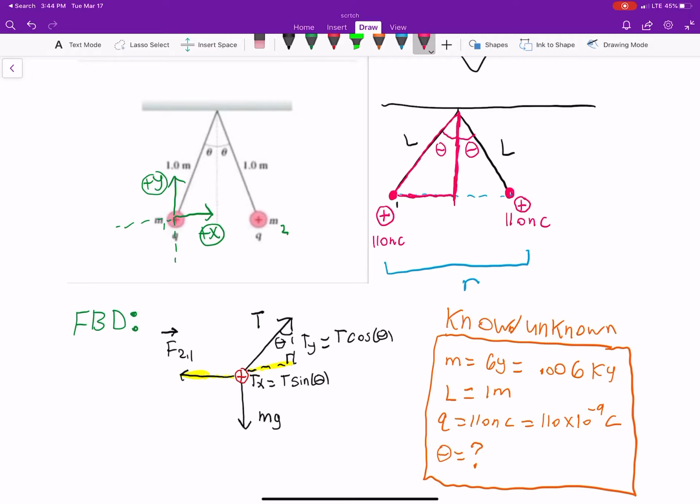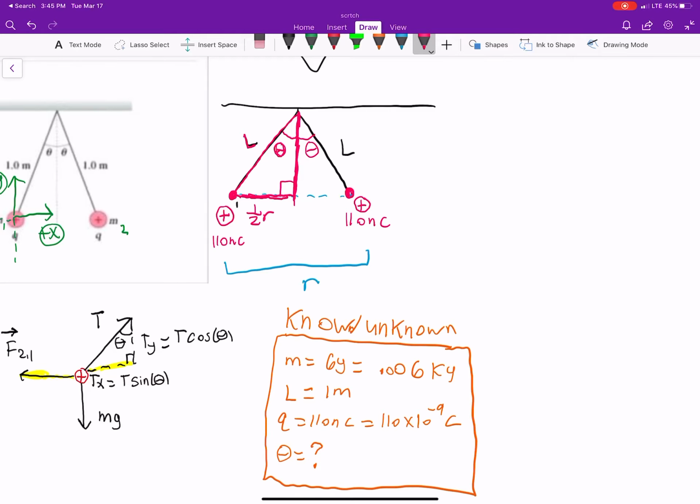So we created a right triangle. We know the length here is L. We know the angle here, well, we don't know it, but we're looking for it, is theta. Let's think about what this side is. Well, from 1 to 2, it's r, and they're both equally contributing to the push away, the repulsion force. So hopefully you can see that's 1/2 r.